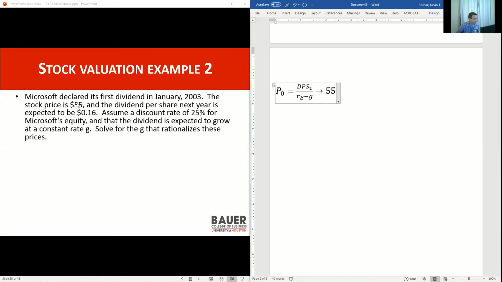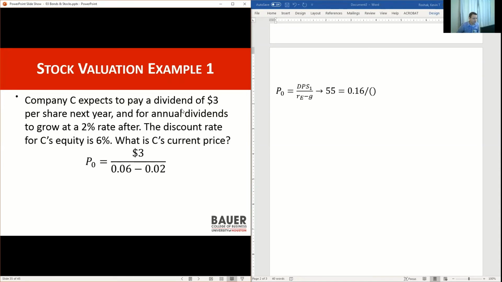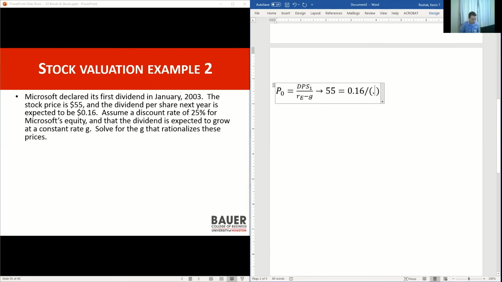Put that in for the P. We see that the dividends per share one year ahead are going to be 16 cents. Further, we see that the discount rate for the equity is 25%. That's the expected return you expect to get when you hold Microsoft's equity. What we don't know is G. We need to find the growth rate in the dividends that makes sense of all this. So all we're doing is applying the constant dividend growth model to Microsoft stock.